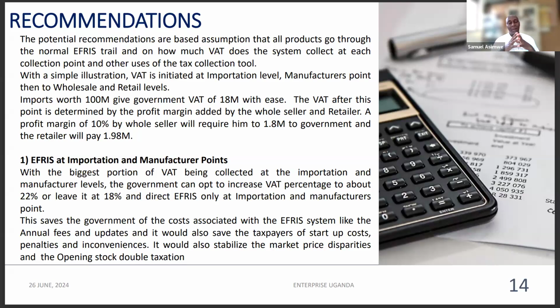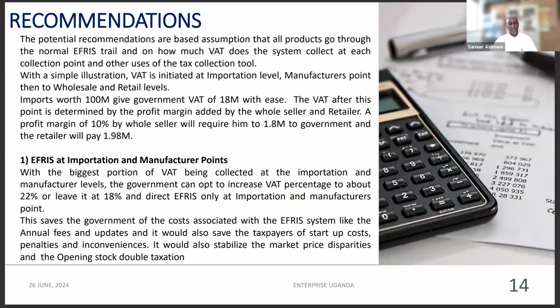When you use the rule of thumb, the input output, whatever method you use, but the figure you arrive at as a wholesaler, if you are transacting in imports of 100 million, you'll find that the VAT that we are following is 1.8 million. Then at the retailer level, it will just slightly increase to about 1.98 million.